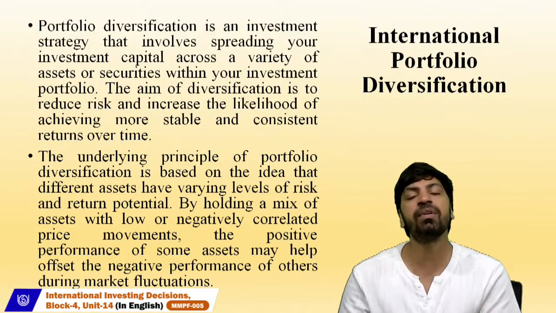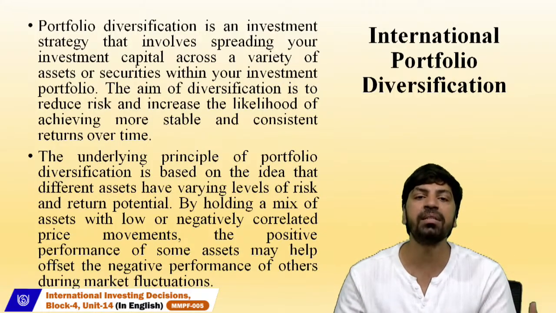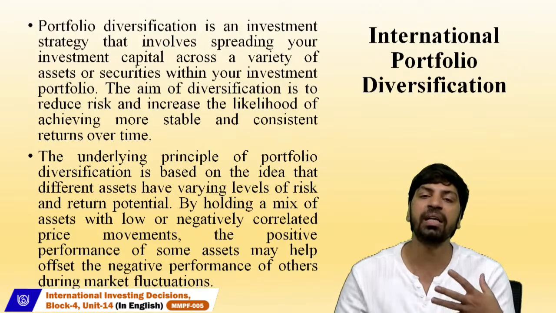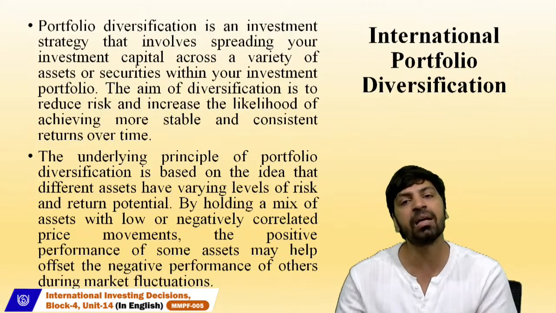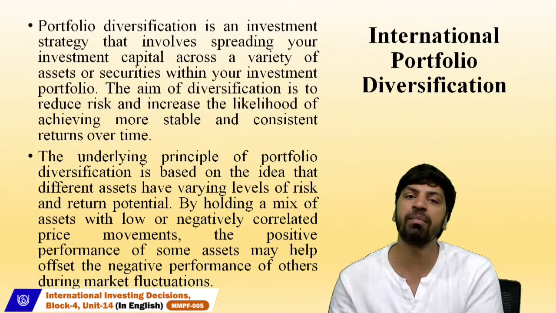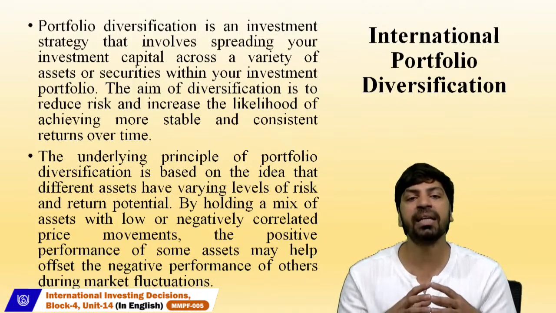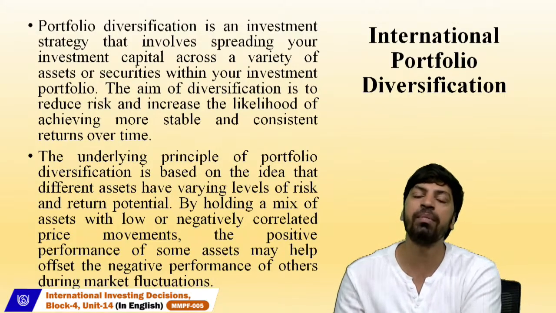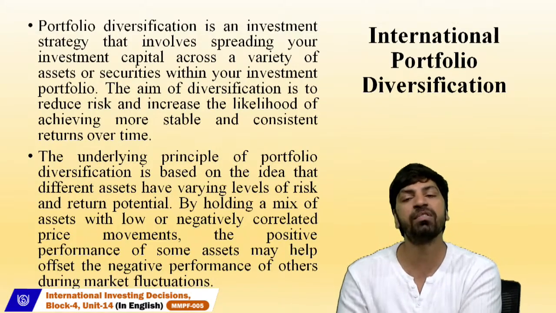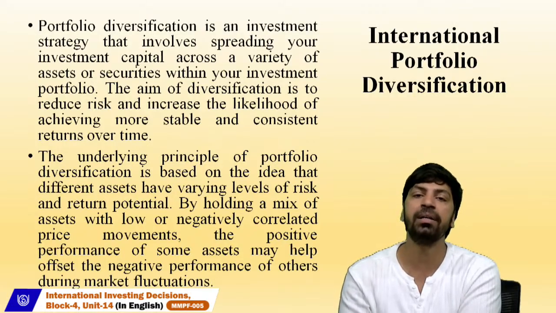When the market fluctuates, an investor may gain positive performance on one asset while suffering negative performance on another, but this strategy offsets the negative performance with the positive, even if there are fluctuations in market trends.